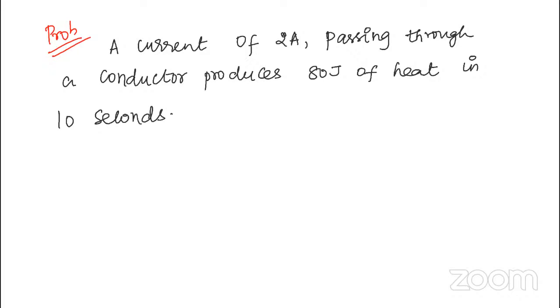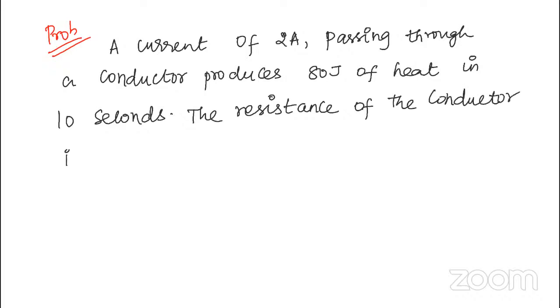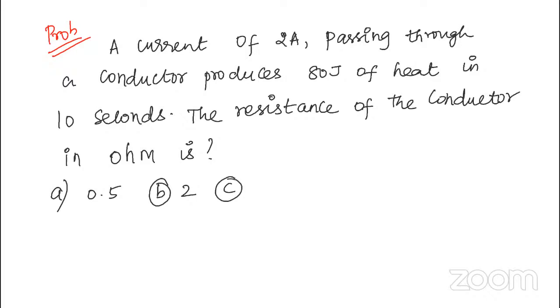Then calculate the resistance of the conductor in ohm. They are given the options. That is A is equal to 0.5, B is 2, C is 4, and D is 20.